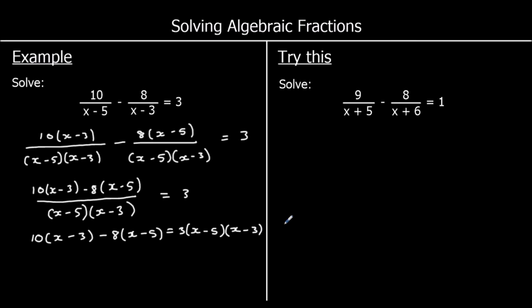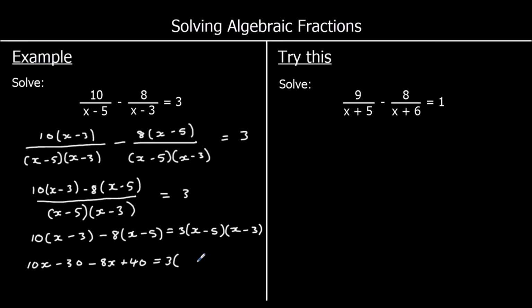So now I'm going to expand all of the brackets. 10 times x is 10x. 10 times negative 3 is negative 30. Negative 8 times x is negative 8x. And negative 8 times negative 5 is a positive 40. I'm going to leave the 3 for now and then expand the two brackets.